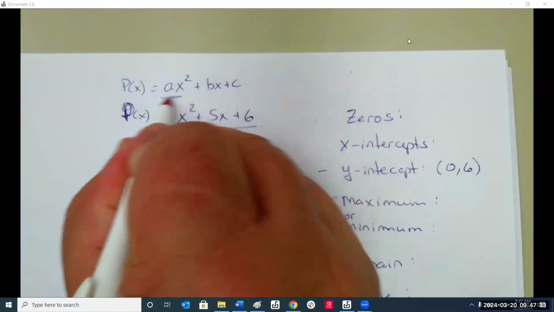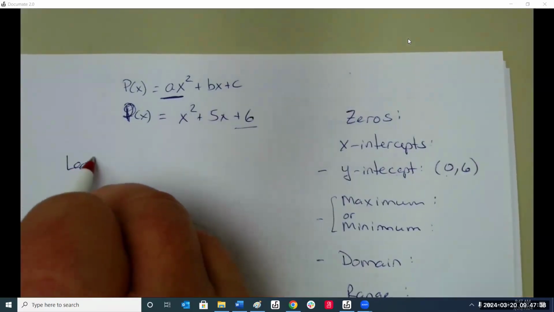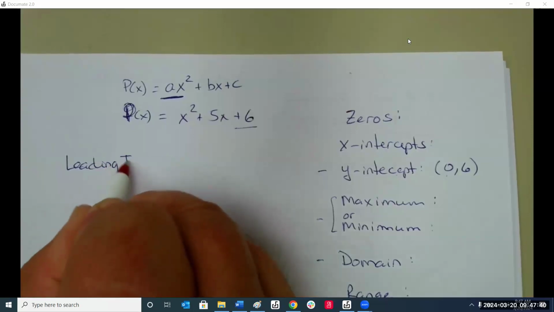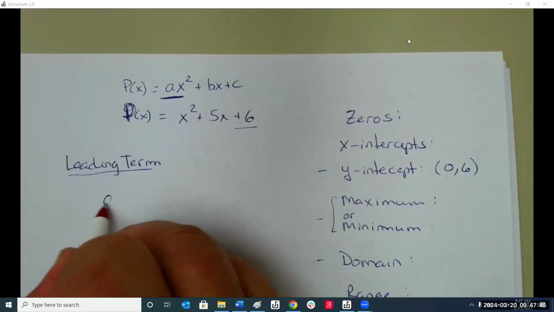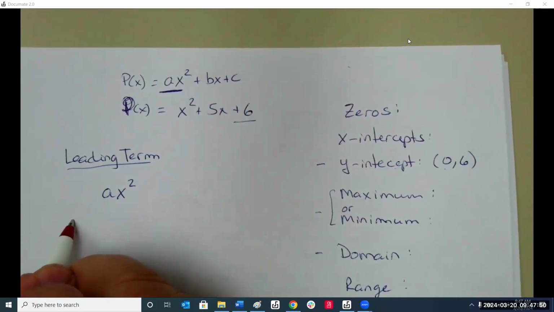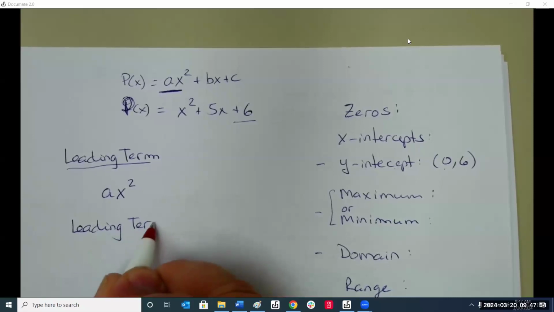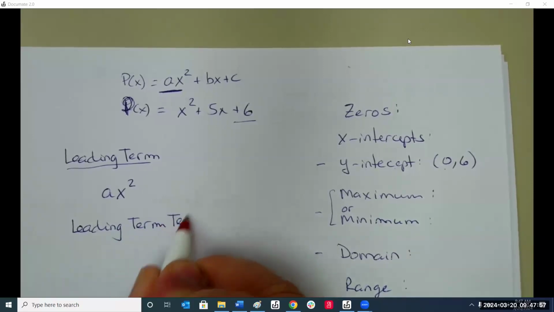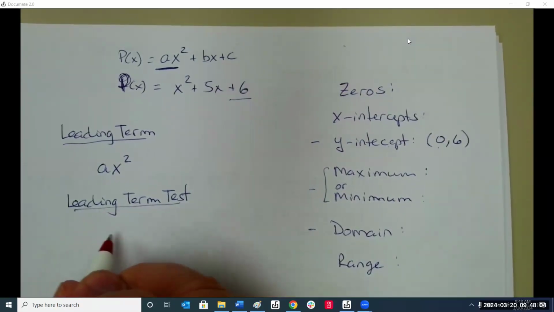Because this first term is called the leading term, and that equals ax squared. The leading term test says this. Well, we'll use the cheat chart.